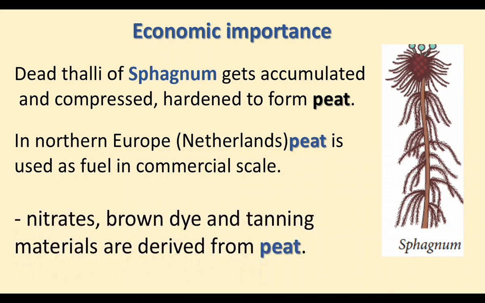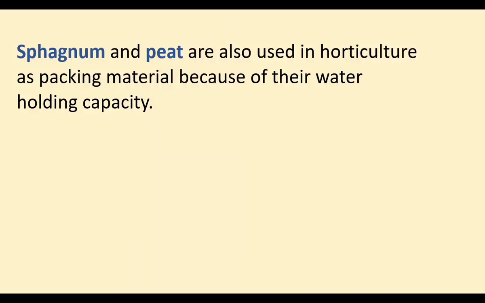Nitrates, brown dye and tanning materials are derived from peat. Sphagnum and peat are also used in agriculture as packing material because of their water holding capacity. They hold water, so they are used as packing material in horticulture.